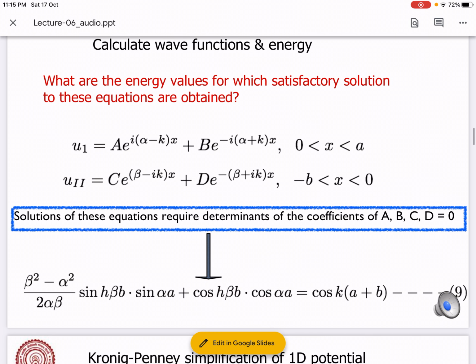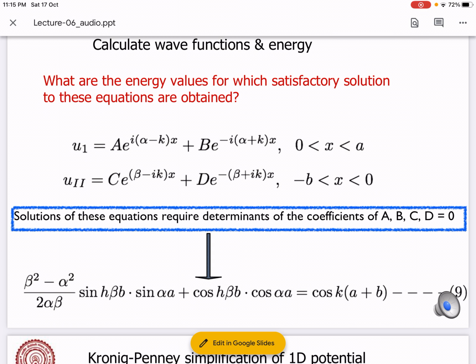If you do a little bit of algebra, which I am skipping here, we get this equation: (beta square minus alpha square) by (twice alpha beta) times sinh beta b times sin alpha a, plus cosh beta b times cos alpha a, equal to cos k(a plus b).